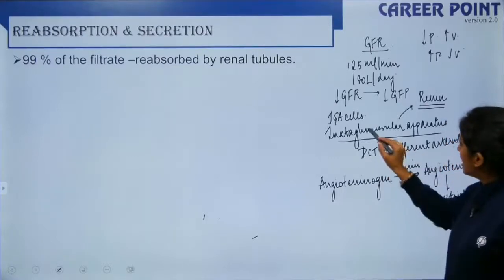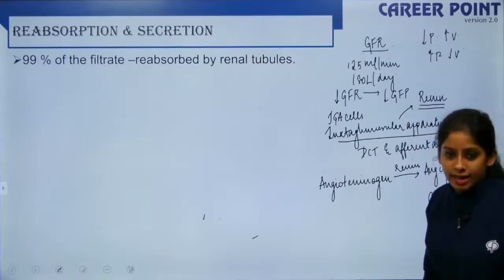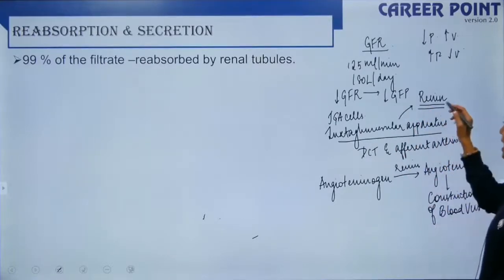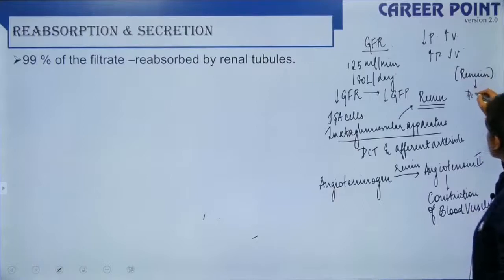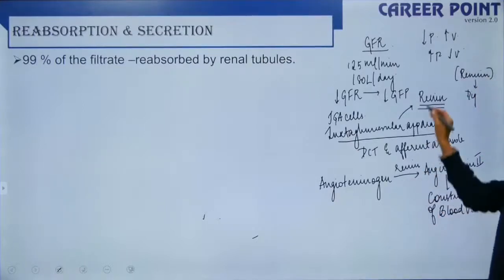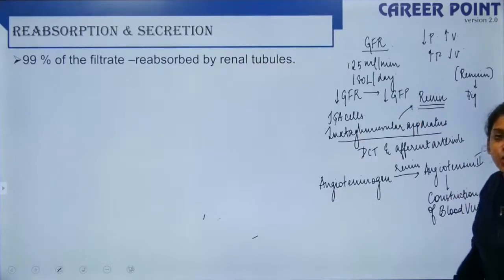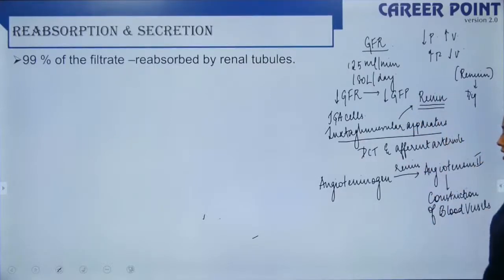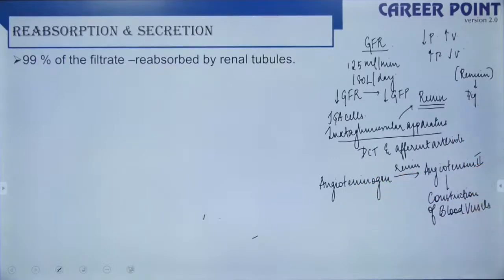These cells release a particular enzyme known as renin. Renin is secreted by your JG cells into the bloodstream. This renin converts angiotensinogen into angiotensin II.